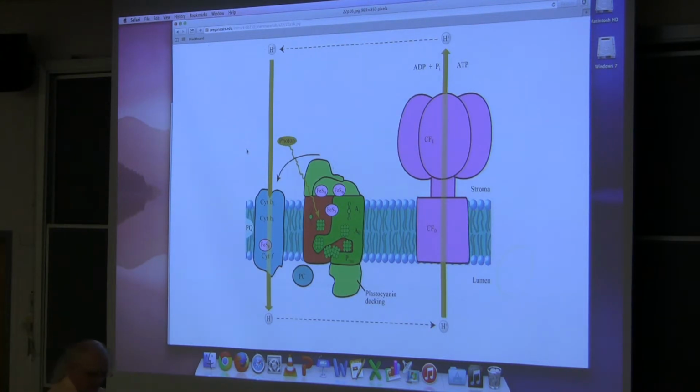Well, why is this important? This is important because the cell can continue to make ATP when there's plenty of light but no electron acceptor. Cyclic photophosphorylation is a very important process that occurs inside of plants, and it keeps plants producing ATP all day long when there's no electron carrier.